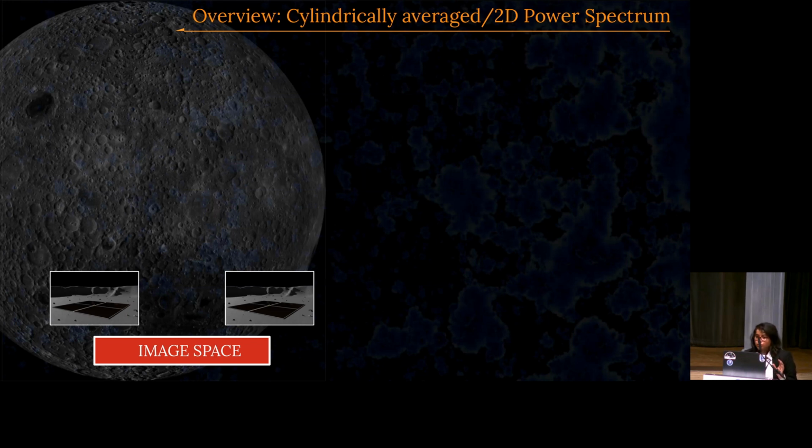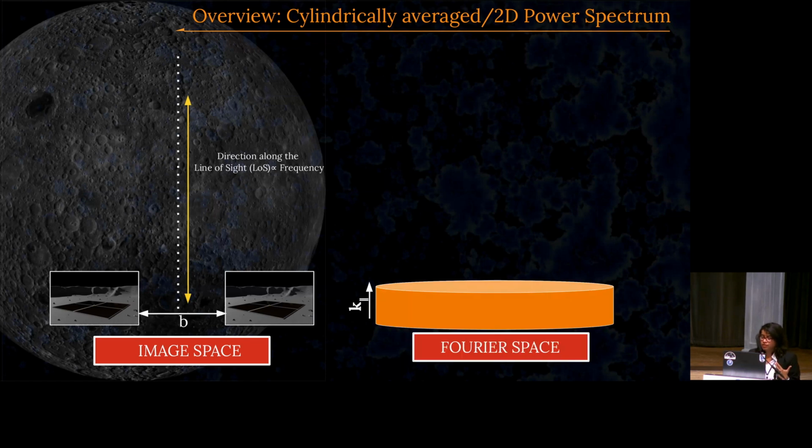For this, we need to define two spaces, that is image space and the Fourier space. Now, in the image space, we have two antennas, as you can see, and the distance between the two antennas is called the baseline. Then we have to define two directions, namely the direction along the line of sight and the direction that is perpendicular to the line of sight, which essentially gives us the plane of the sky.